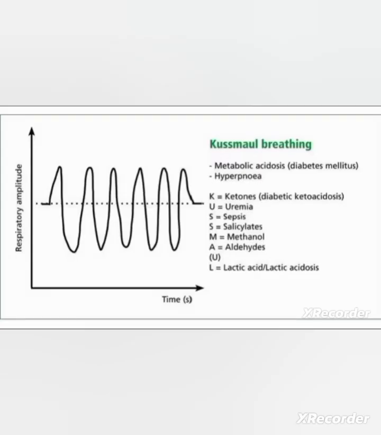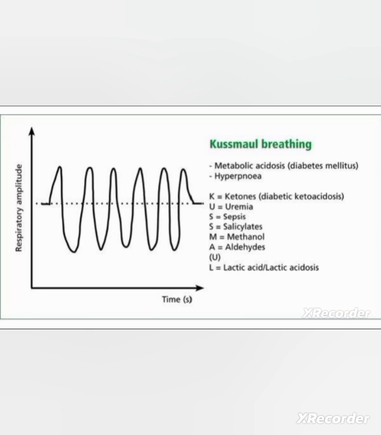Next one, Kussmaul's respiration or Kussmaul's breathing. It is associated with metabolic acidosis, hyperapnea, ketones, diabetic ketoacidosis, uremia, especially in renal failure, then sepsis, salicylate poisoning, methanol poisoning, aldehyde poisoning, and lactic acid accumulation.